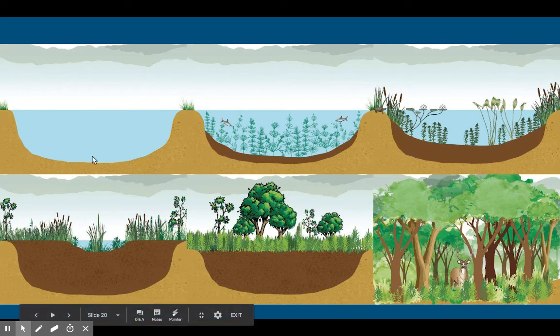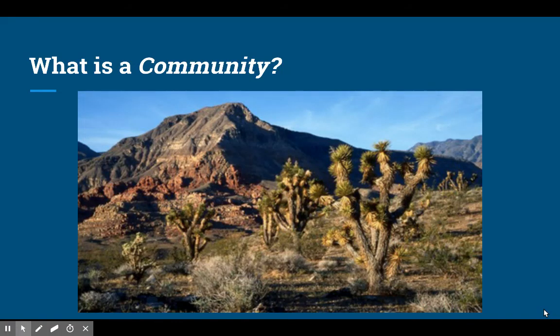You can have an empty pond filled with water, and as succession goes on, sediment fills in, allowing plants to grow. We start to see fish show up, and again, this will go on even to a climax community where you'll see a forest, where eventually the water has left, and we're left with a climax community of forest.